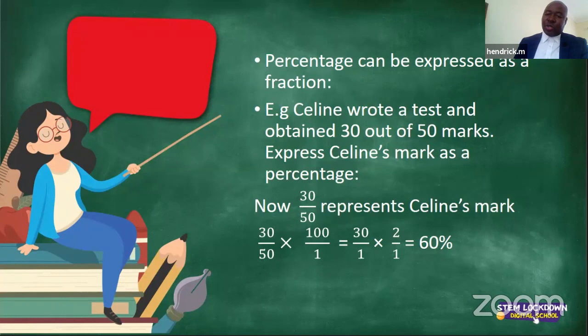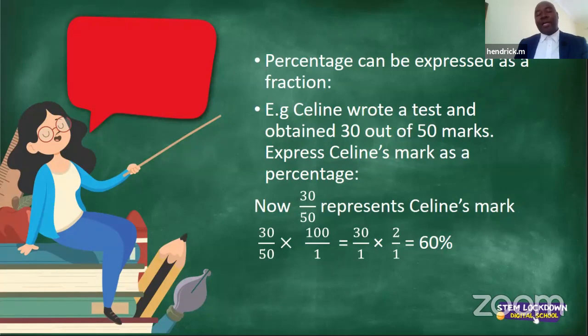What is important is to note that when you convert a fraction, a common fraction, into a percentage, very important, you need to multiply by 100. Whenever you convert a fraction into a percentage, you need to multiply that particular fraction by 100.